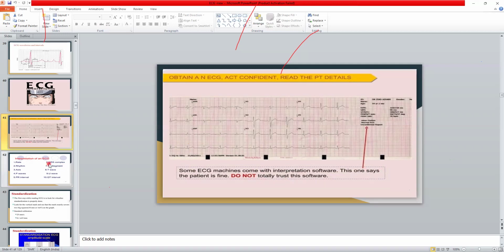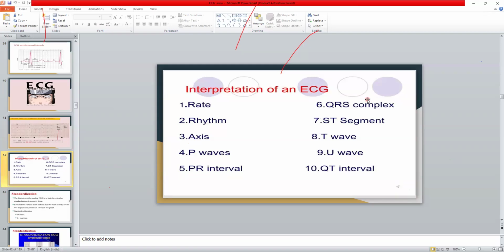So, how do you interpret an ECG? Whenever you receive an ECG, you have to interpret it in an orderly manner. First, check the rate of the heart, that is heart rate. Check for rhythm, whether regular or irregular. Check for the axis, that is the QRS axis, whether it is normal axis, right axis deviation or left axis deviation, and look for the normal P waves.